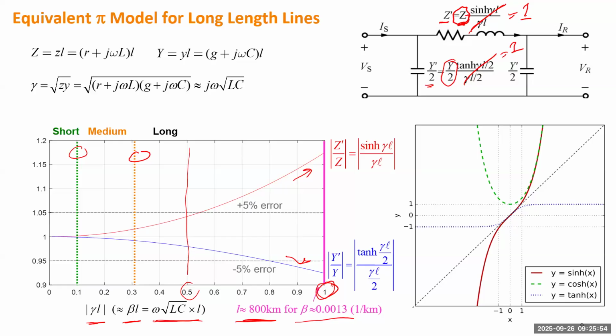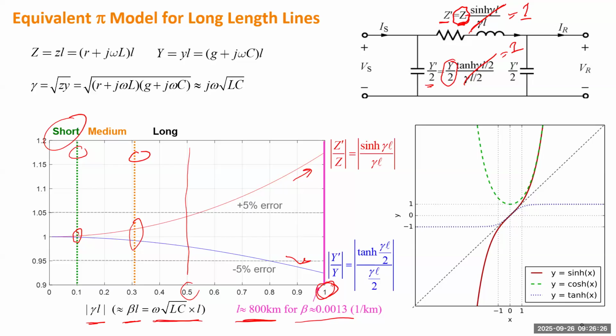If we study a short line, the error by using the lambda parameter model is very small. It's less than 1%, probably roughly changing from 0.99 to 1.01. At the boundary of a medium line, the error is about 2%, maybe 2 to 3%. It's still okay.